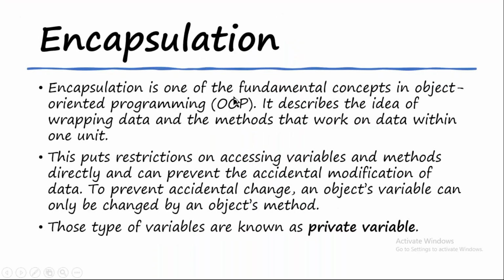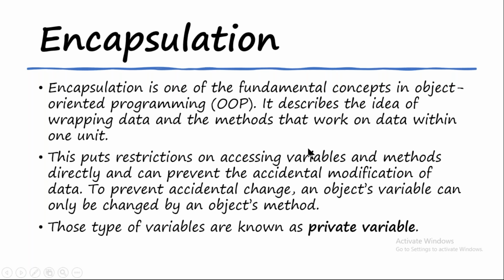Encapsulation is one of the fundamental concepts of object-oriented programming, and it describes the idea of wrapping data and methods that work within one unit. You add restrictions to accessing variables and methods, which can prevent accidental modification of data.